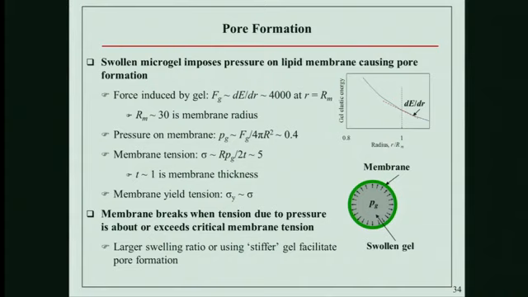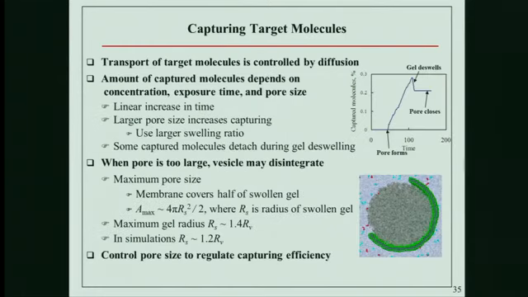The second parameter is how much this gel wants to swell. If it has a larger swelling ratio, again, we have larger energy accumulated inside that helps us break the membrane. On the other hand, the pore size is important because it defines how fast we will absorb the molecules from the solvent, right? So a larger pore size is better, but of course there's a limit, because if the pore is too large, this gel will just leave the membrane, which will disintegrate, and we will not be able to capture anything inside.